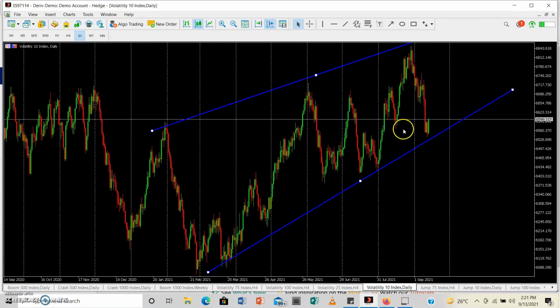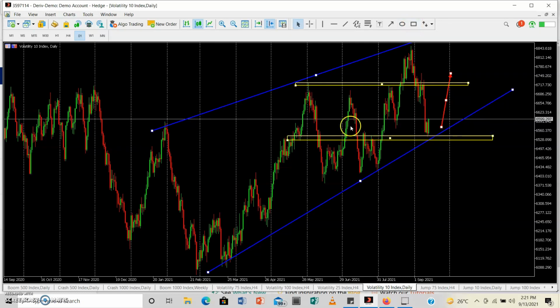Okay, so from my charts, I can clearly see that we are now coming from the bottom trend line, which means price is going to try and push up. I can switch to the 4 hour time frame, but here it's quite clear that I will still get this as my support, this as my resistance zone, and again I'll still have this as a support zone. This will be my resistance zone, and this will be my support zone.